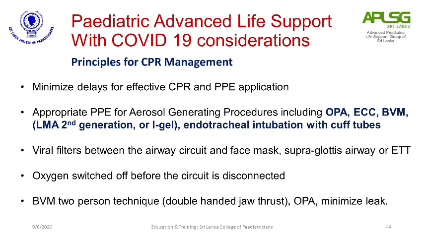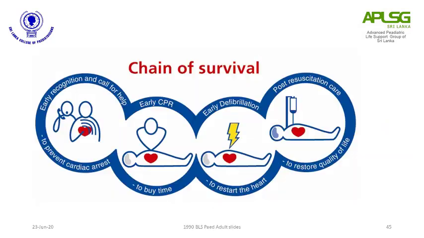When intubating, use cuffed tubes rather than non-cuffed tubes. One person should hold the mask with a double-handed jaw thrust tightly to prevent aerosol generation. Fix viral filters between the airway circuit and the face mask. Oxygen flow should be made zero before disconnecting the bag valve mask from the endotracheal tube.